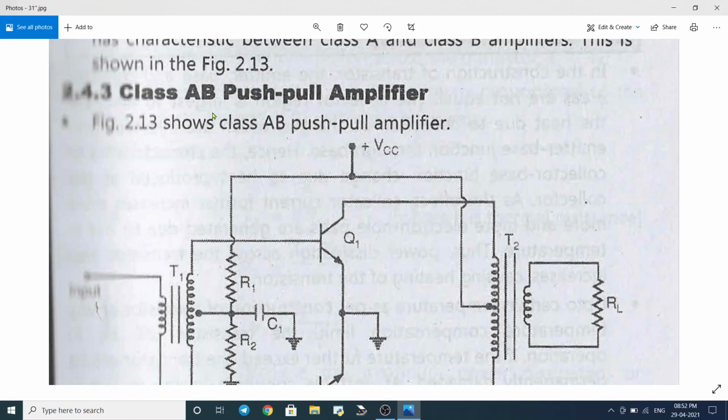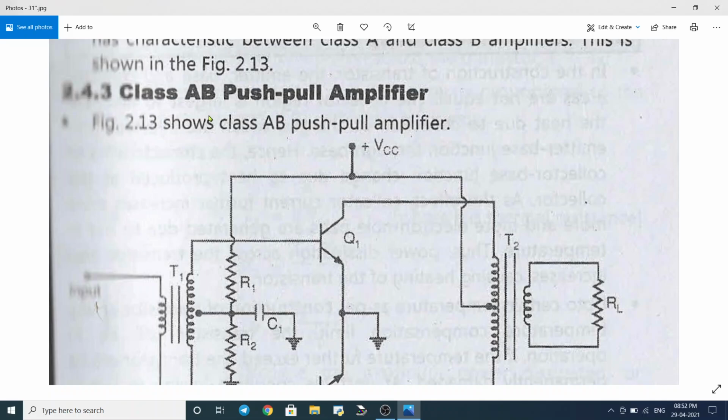In class B power amplifier, the collector current flows for half cycle of the input signal. Class AB is in between class A and class B. That is more than half cycle and less than full cycle.